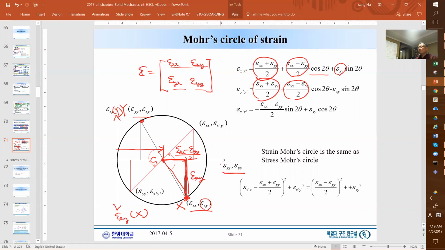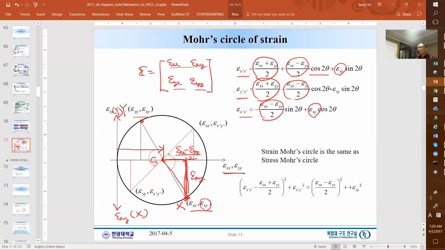Okay, so this is the Mohr circle, and we also notice that this one and this one, that is simply the new shear strain.